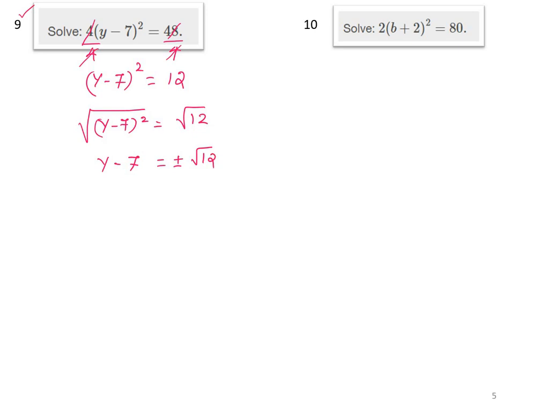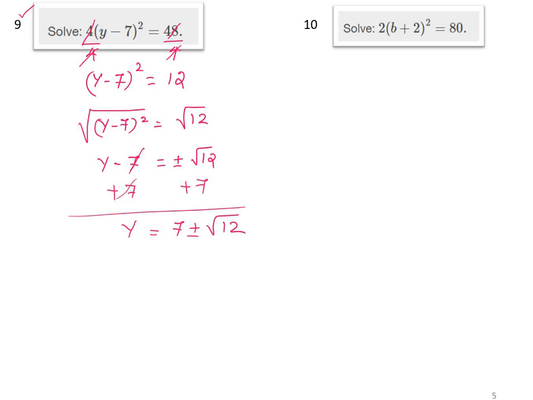Our aim is to find the value of y, so we have to eliminate the other terms, that is negative 7. So we can add 7 on both sides. That will cancel out, and we get y is equal to 7 plus or minus square root of 12.